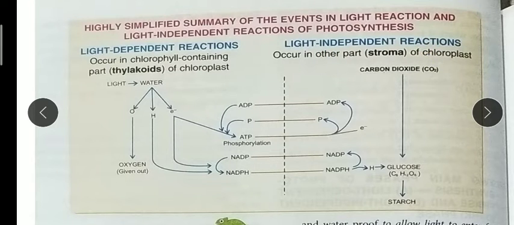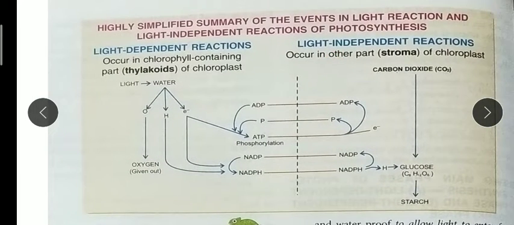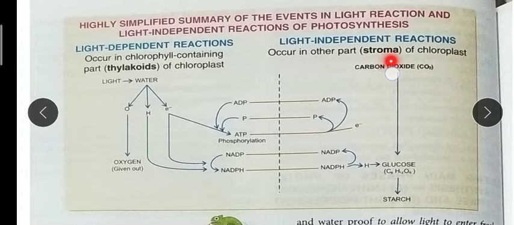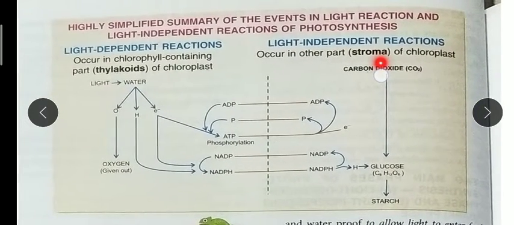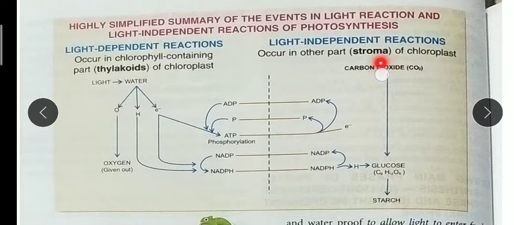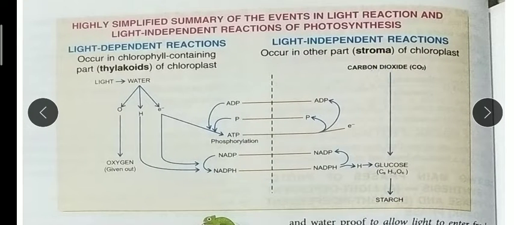The photochemical phase takes place in the thylakoids of the chloroplast, whereas the light independent reaction takes place in the stroma. This is also a thing to remember: the stroma, the ground substance of the chloroplast.